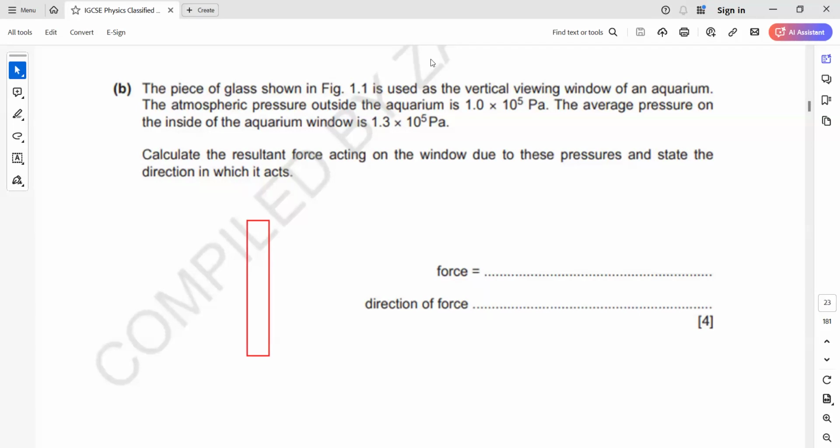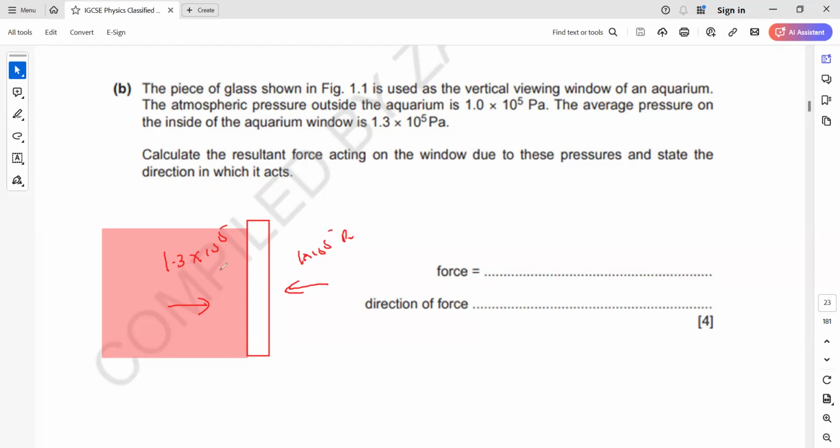So for example, if this is representing the aquarium, the water inside is exerting a pressure from inside, which is 1.3 into 10 to the power 5. And from outside, the atmospheric pressure is 1 into 10 to the power 5.